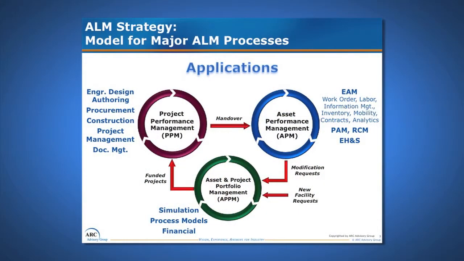To validate this model, we drilled into things like the different applications and the metrics. In this particular slide, I'm talking about the applications. We find that they also fall into these three different spheres. You've got a set of applications used for the project, the design and build, a set of applications really focused around the performance of that asset in the operate and maintain arena, and then different applications for project portfolio management.